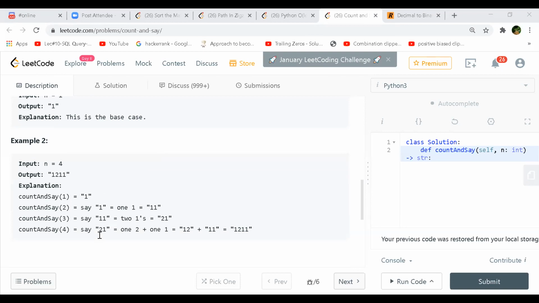Maybe it's like a base case. And if you say 2, so 2 will be 1 1, already you had one 1, and one more 1, so 1 1.